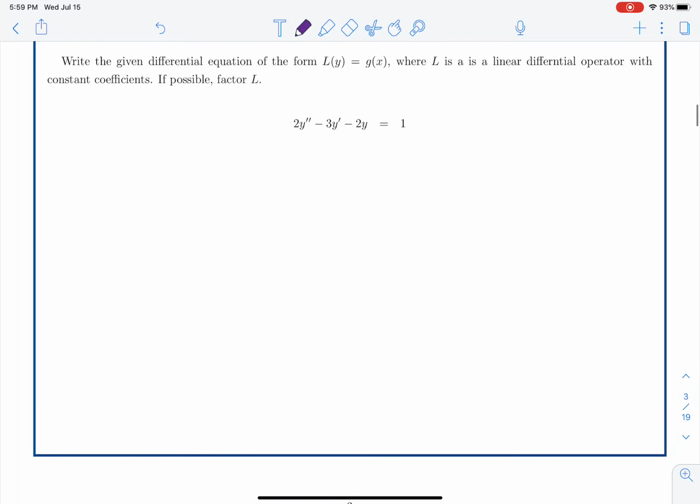Here we have another second order differential equation, and we would like to write it in terms of the differential operator, and if at all possible, we would like to factor it and write it in terms of the factors.